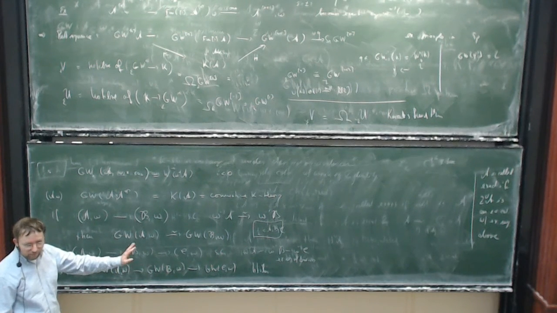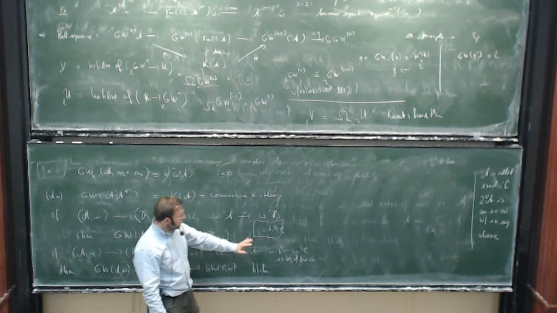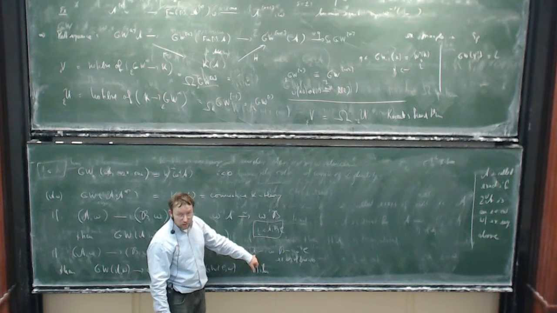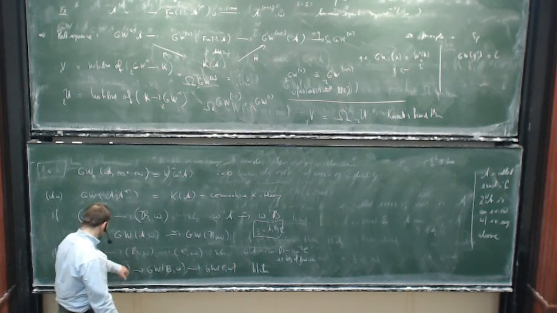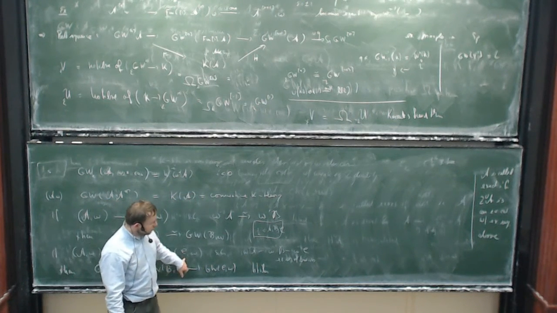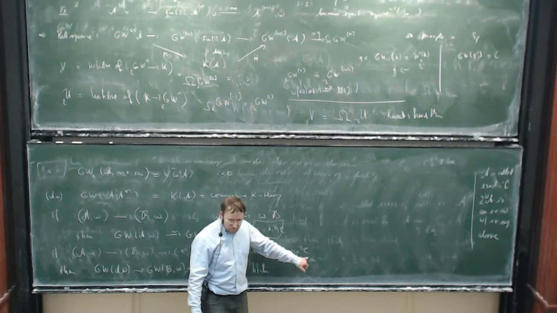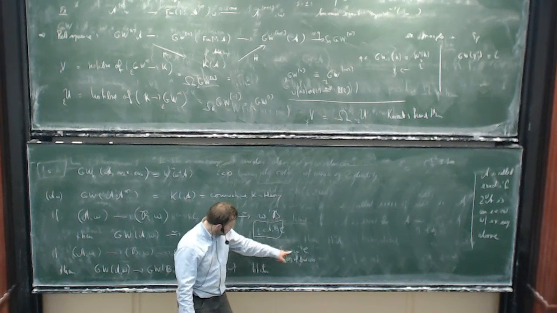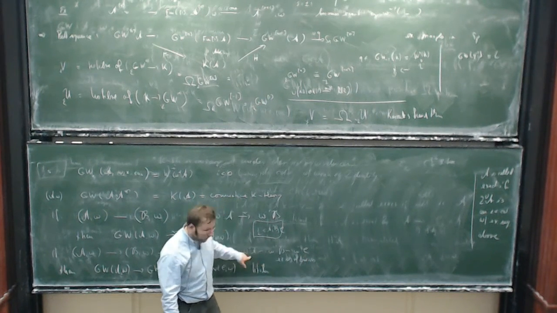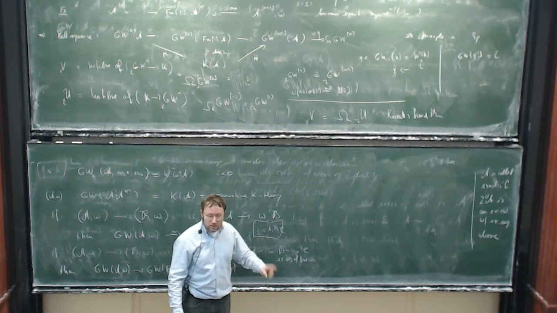The statement says, if you have, let's say, DG categories with weak equivalences, no assumption on characteristic, we have a sequence A, B, C such that this is an exact sequence of triangulated categories. Verdier quotient, this is the full subcategory of objects that go to 0. This is the Verdier quotient of that by that. Then you have a localization sequence of connective K-theory.